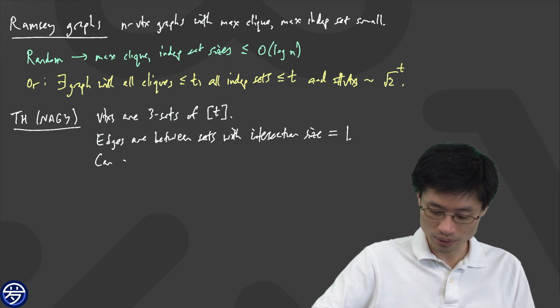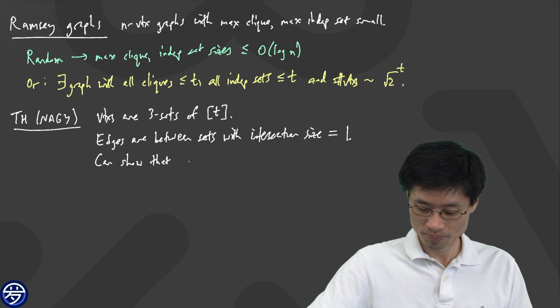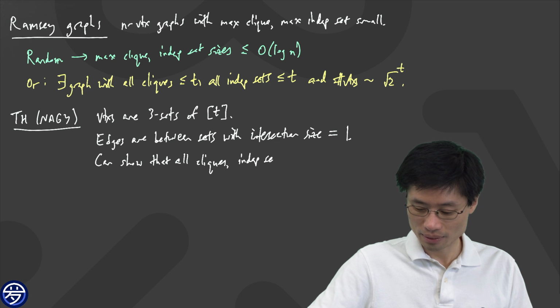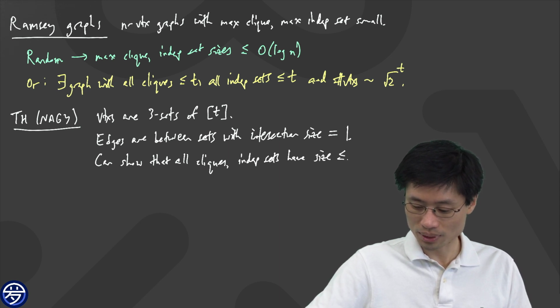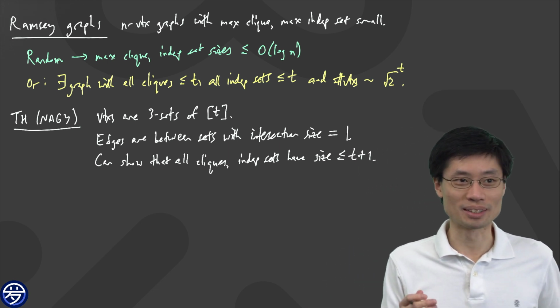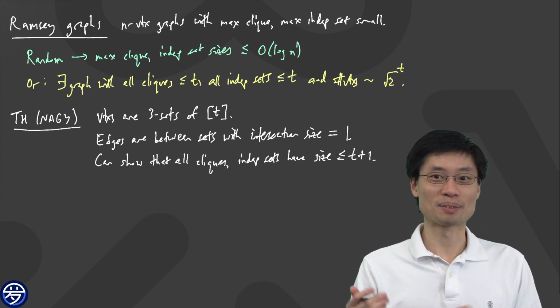You can show, and this is an easy exercise, that all cliques and independent sets have size at most t plus 1. And that's an exercise if you want to play with that. The reason I'm not going to prove this is because I'm going to prove something much stronger.